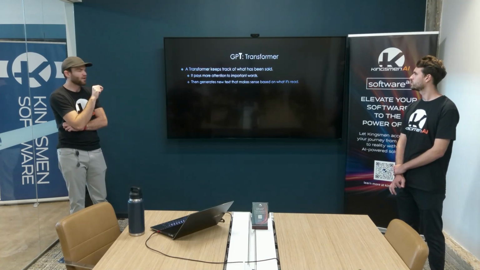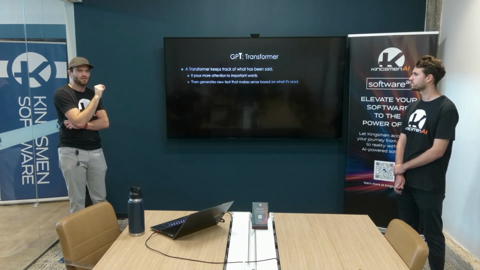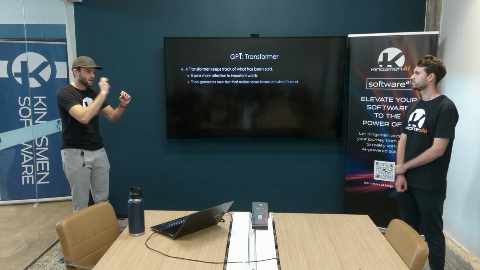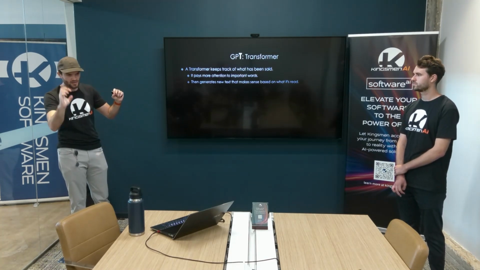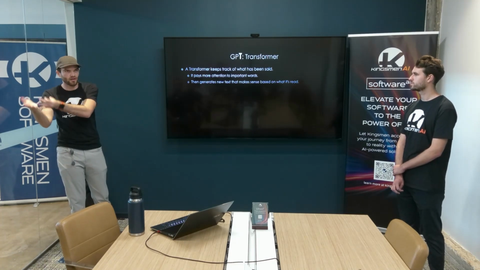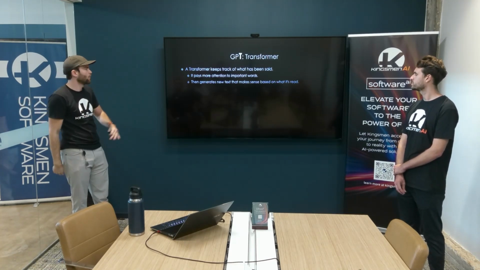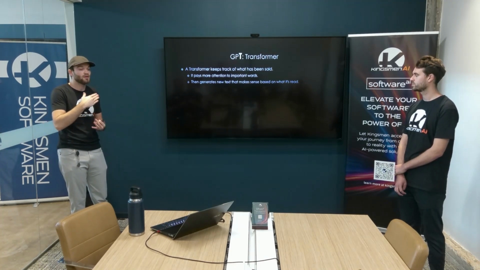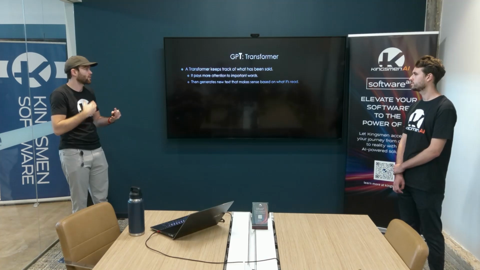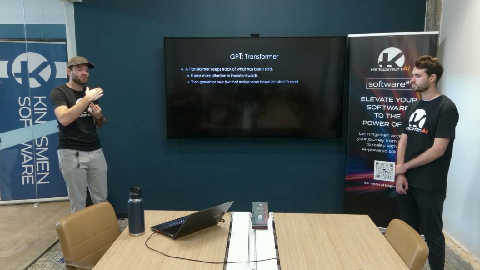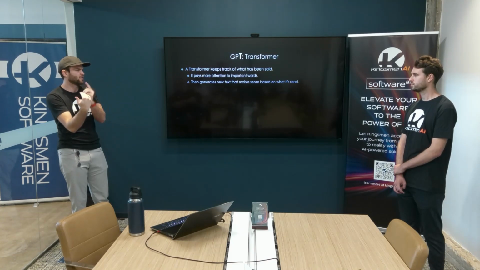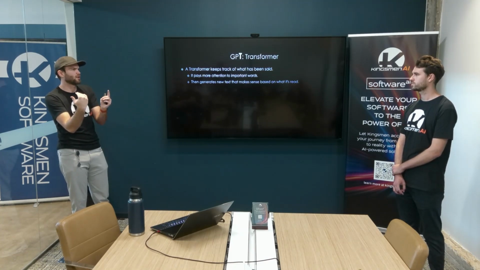So an example here: if I was to prompt ChatGPT to say, hey, complete this sequence, A, B, C, D, what letter should come next? Well, because of the transformer piece, it allows the GPT to say, hey, I stopped at D, right?